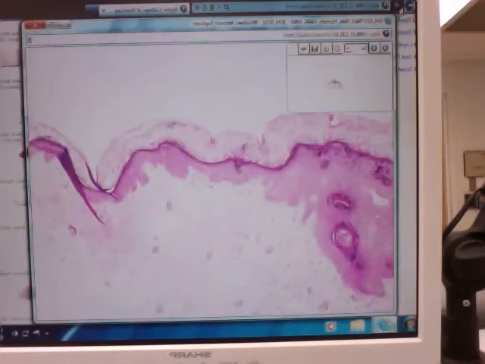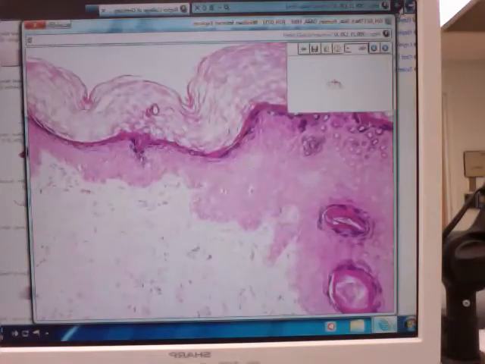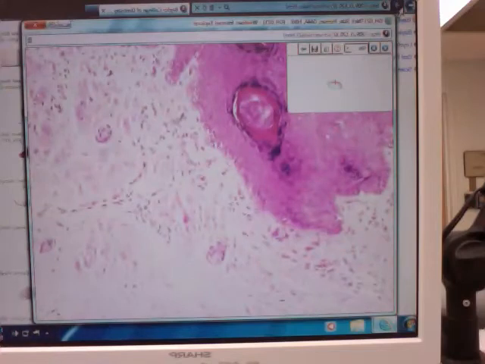Okay, so again, here's the plastic section. It has better histology to it. Here's your stratified squamous, keratinized epithelium. And then just deep to it, here's all loose connective tissue, lots of cells in amongst the pink collagen.